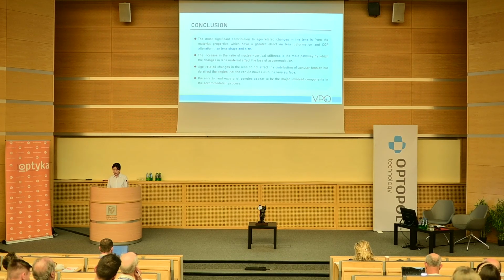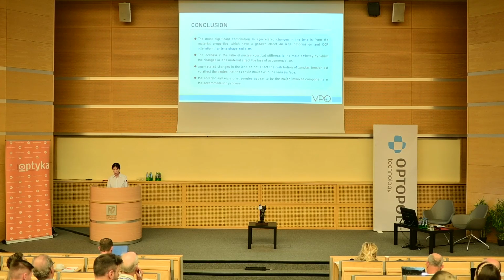The increase in the nuclear to cortical stiffness ratio appears to be the main pathway through which change in lens material properties leads to accommodative loss. Additionally, while age-related changes in the lens do not affect the distribution of zonular tension, they do influence zonular angles, and the anterior and equatorial zones appear to be the major components involved in the accommodative process.